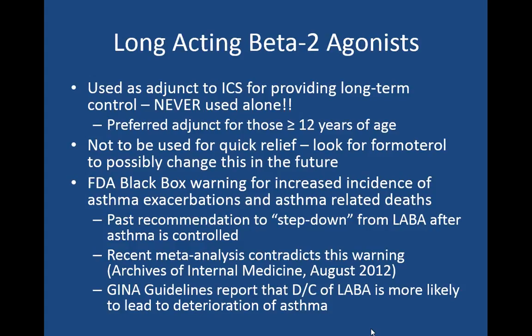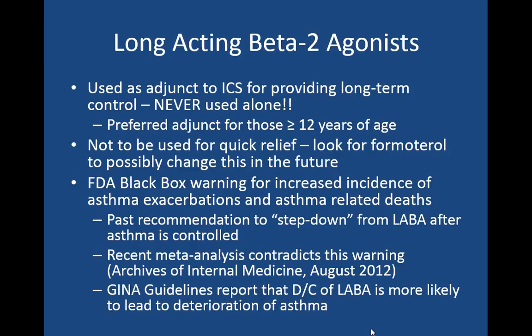And Dulera is an MDI. Can you guys see Advair and Symbicort okay? Do I need to write those darker? Good? Okay. So this is going to be important in a minute. Well, it's going to be important for the rest of your lives because you're pharmacists, but it's specifically going to be important in a minute because we're going to talk about why that makes a difference, okay?